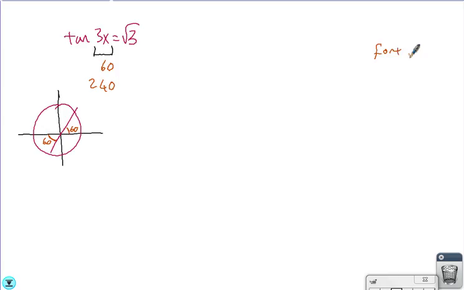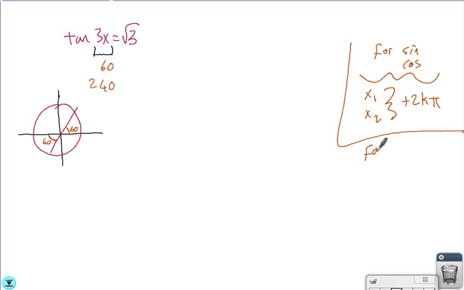There is only one thing which you need to remember. For sine and cosine, there are x1 and x2. For both of them, we add plus 2k pi. For tangent and cotangent, there is only a single x. For this single x, we only use plus k pi.